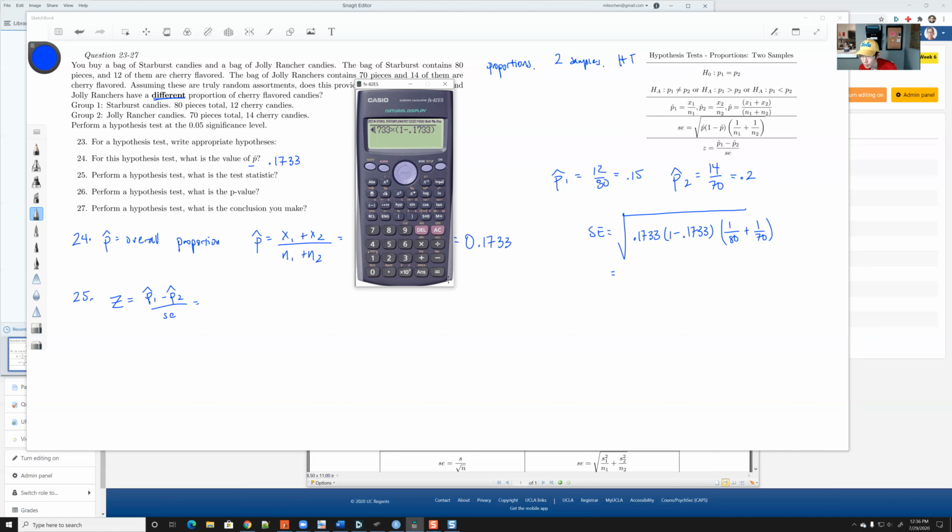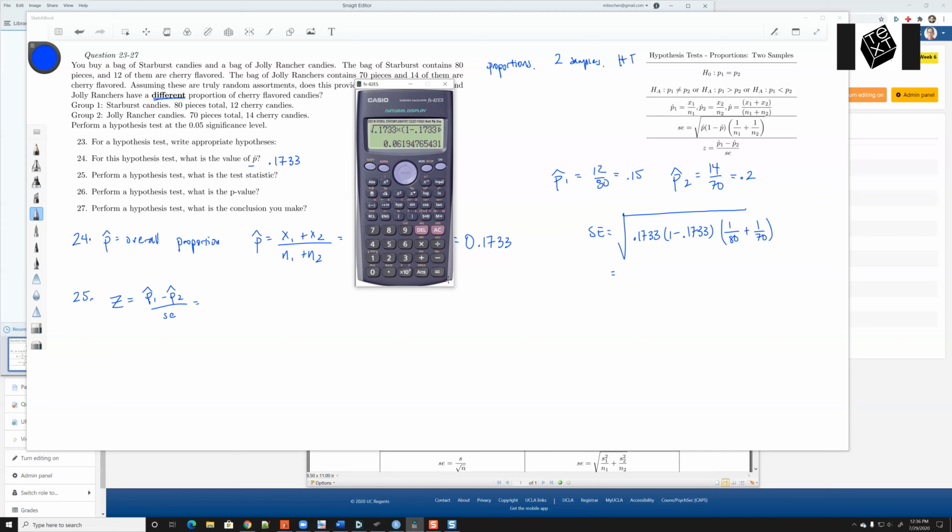This one messes me up sometimes because my notes had two samples with the same sample size, so I forgot how to do the standard error with two different sample sizes. Did I do something wrong? Sorry, I'm confusing myself.